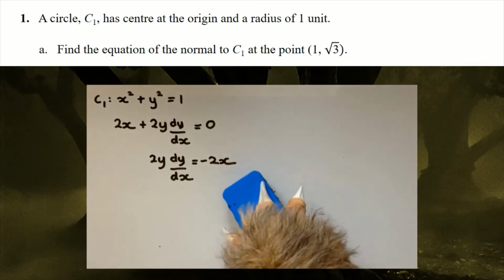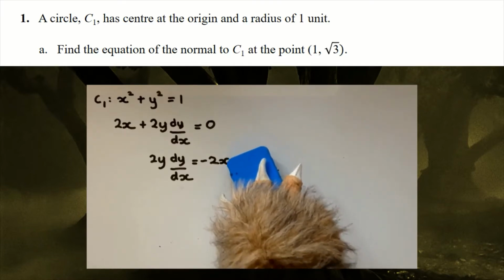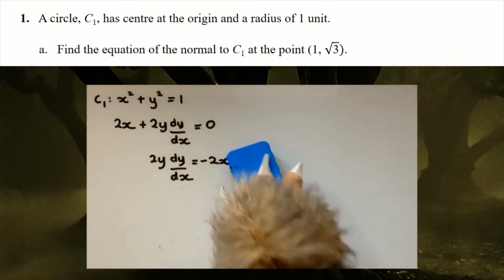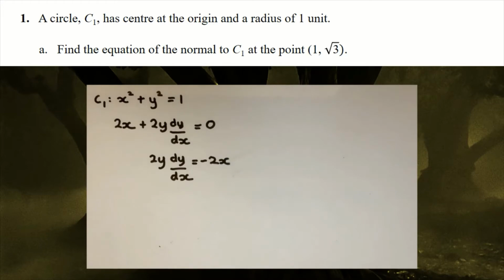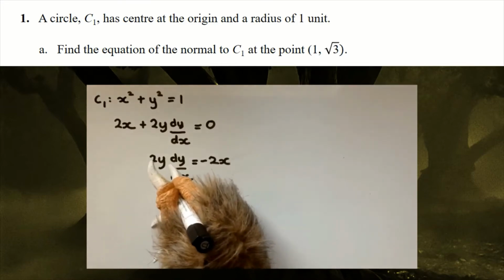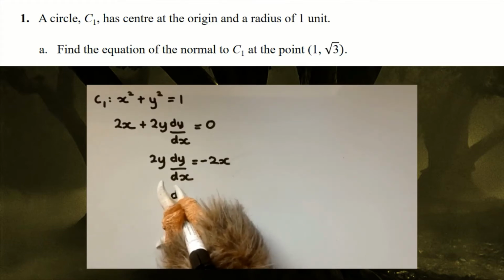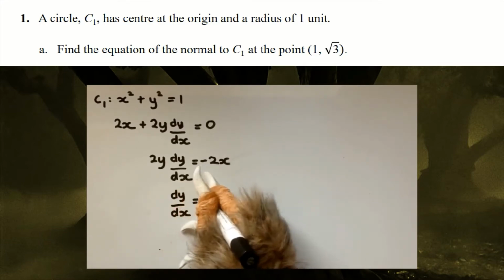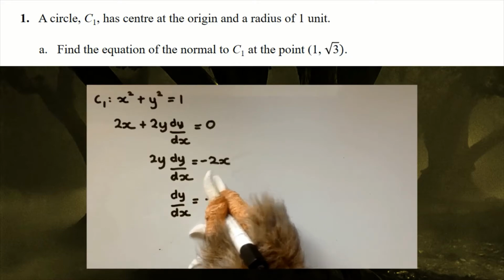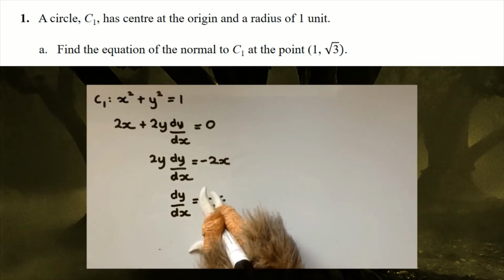Great, and we can now divide by 2y, and we'll have a cancellation in the 2 as well. So dy by dx will be equal to negative x over y.